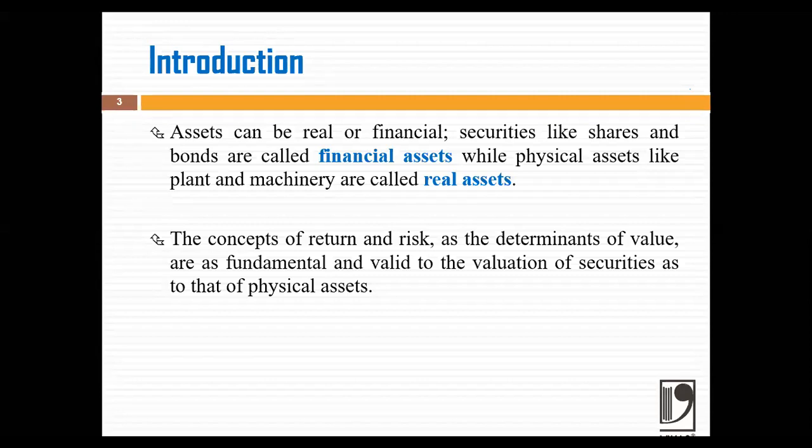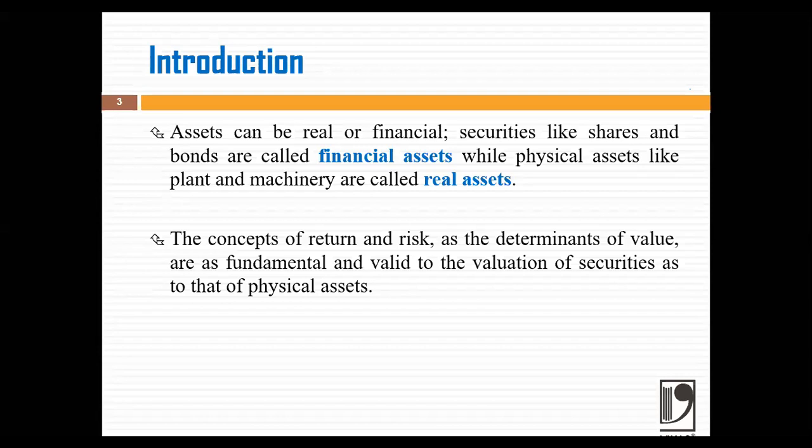Assets can be real or financial, real assets or financial assets. Securities like shares and bonds are called financial assets, right? If you purchase shares of a company, that's an example of a financial asset. If you deposit a sum of money in the bank, you will receive a certificate, which is also a financial asset.